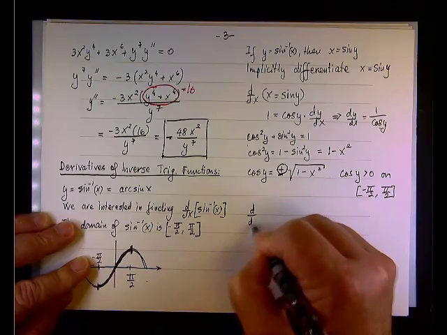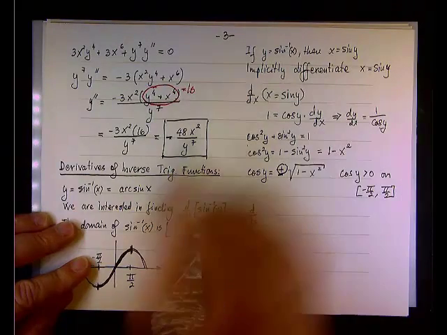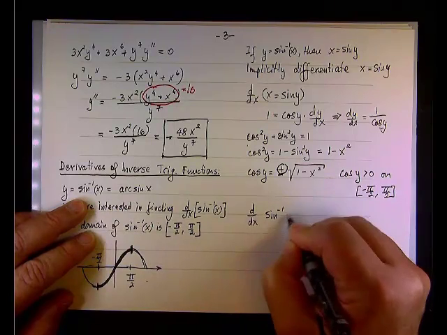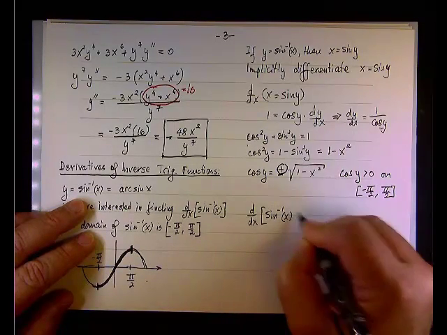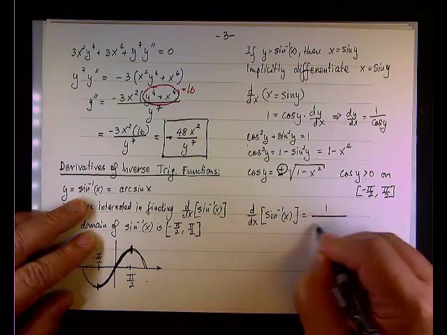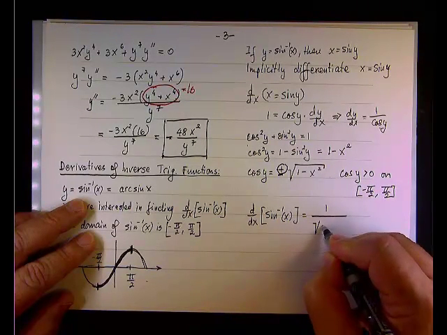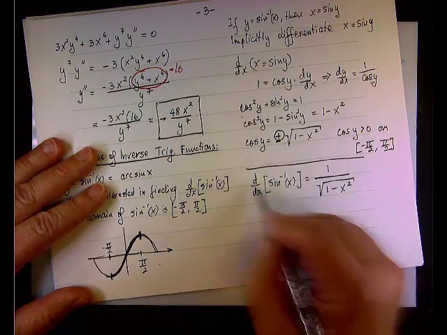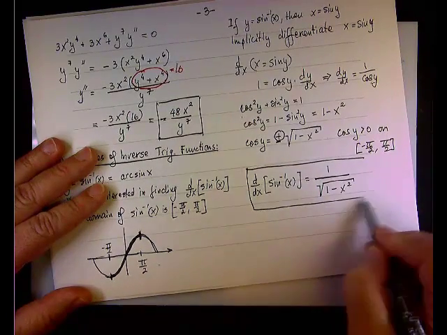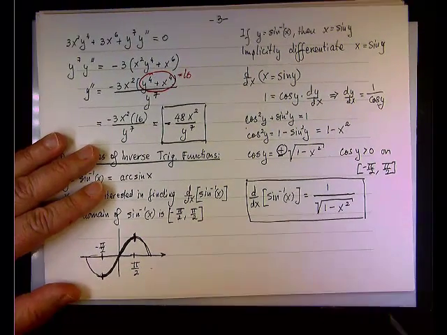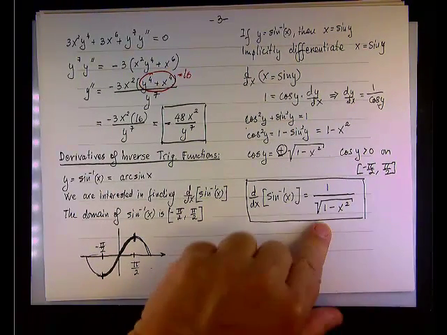Okay, so now we have cosine y is the square root of 1 minus x squared, and let's bring it home. We're going to say dy dx, or d dx of the inverse sine of x, will be 1 over cosine y, except instead of cosine y, we have the square root of 1 minus x squared. And this is the derivative of the inverse sine.